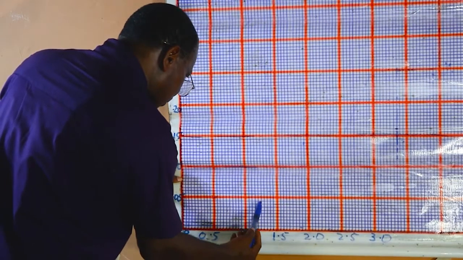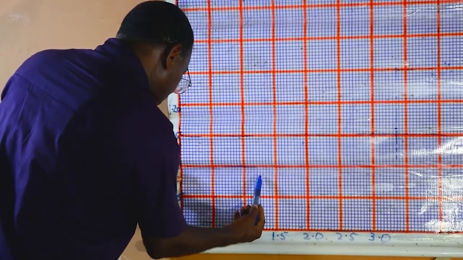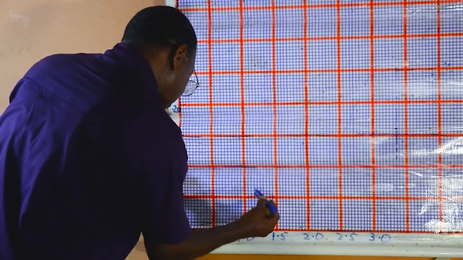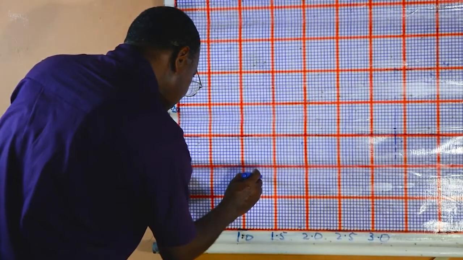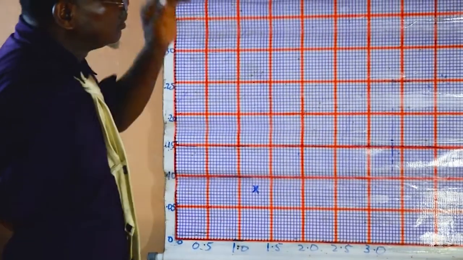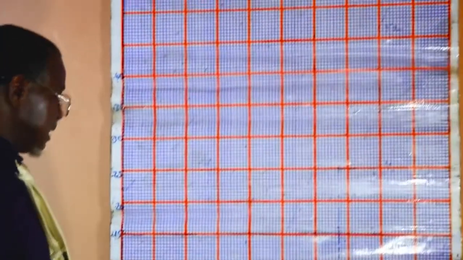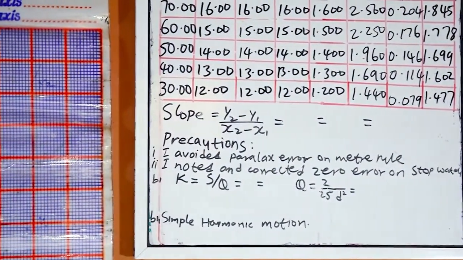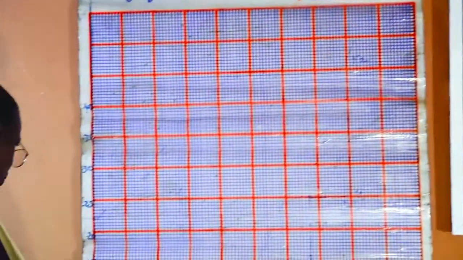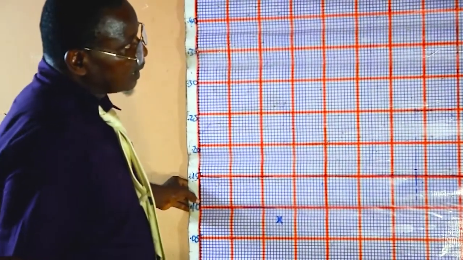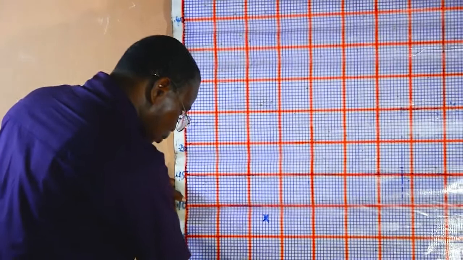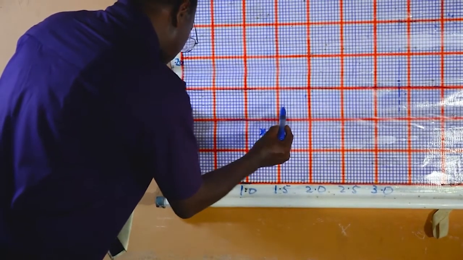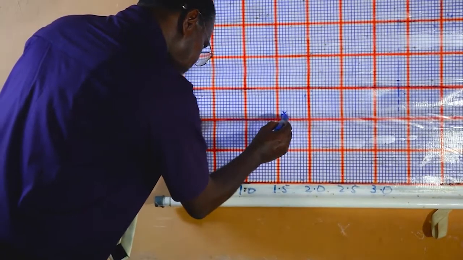So 1.48 will be in between here. Now, 0.11 against 1.6. This is 0.10. 0.11 will be on the second square against 1.6. 1.6 will be here.